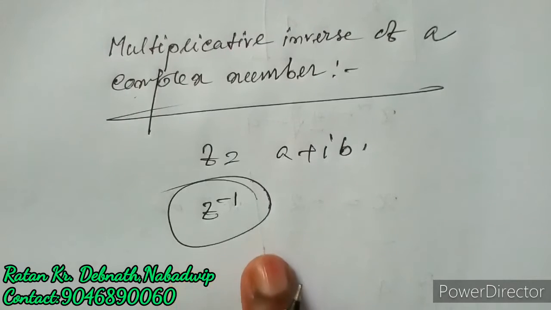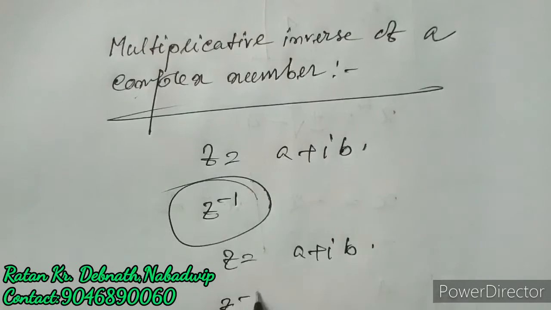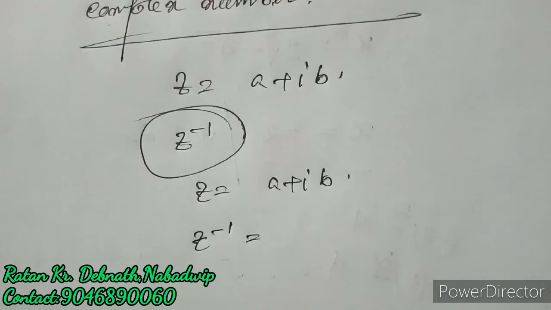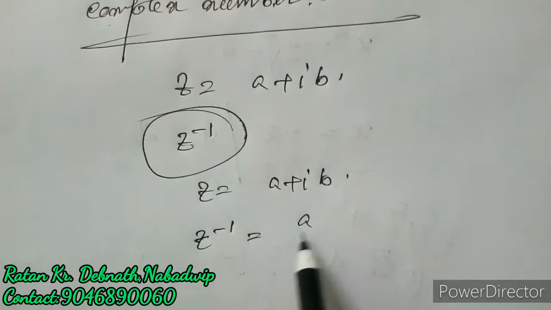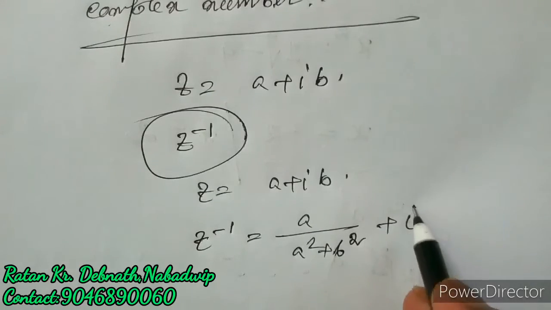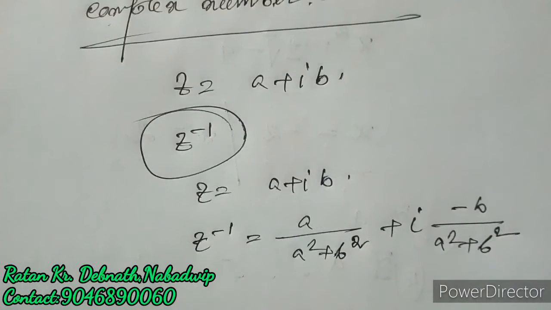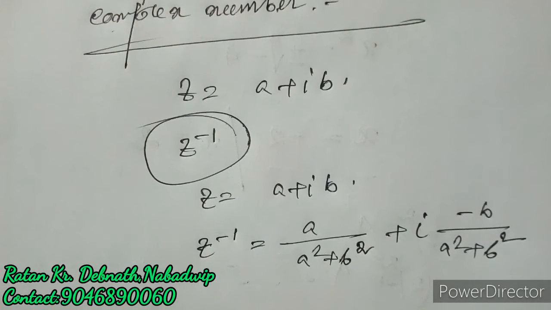Then z inverse is called the multiplicative inverse of the complex number, and it is defined by: if z equals a plus ib, then z inverse equals a by a square plus b square plus i into minus b by a square plus b square. This is one of the important topics you should remember.